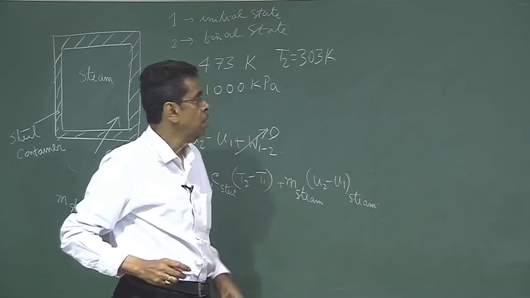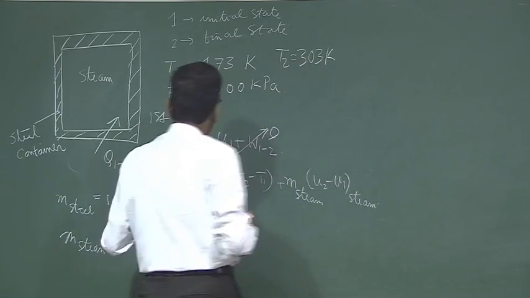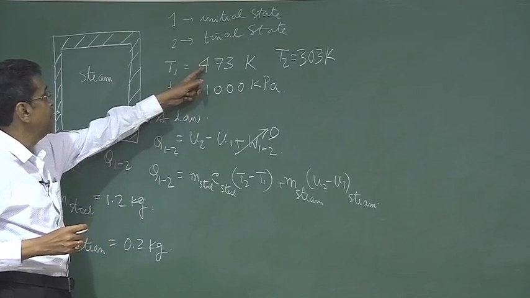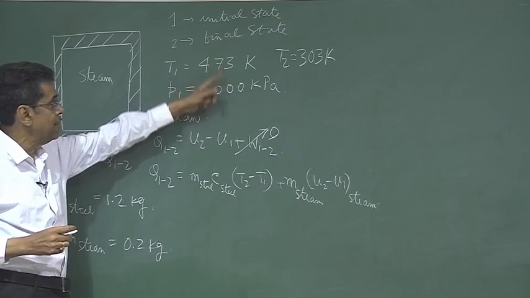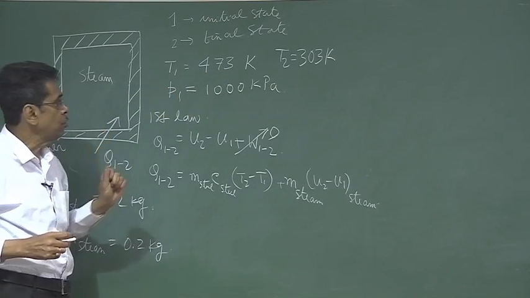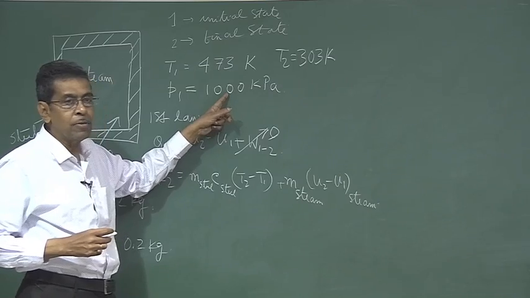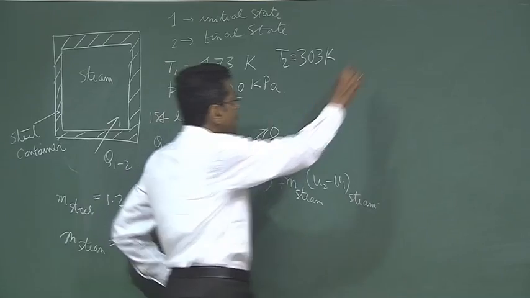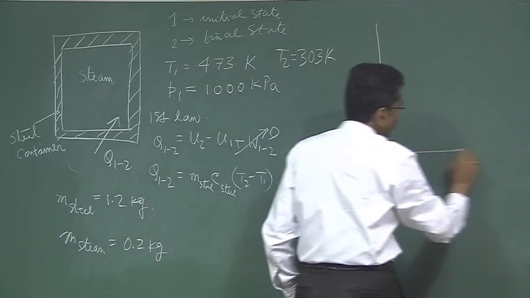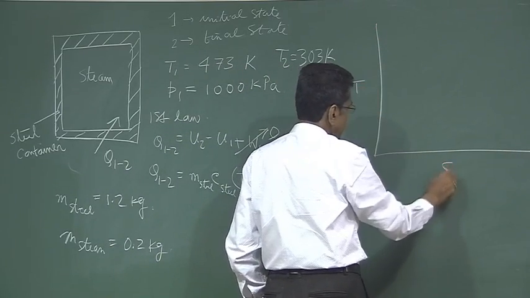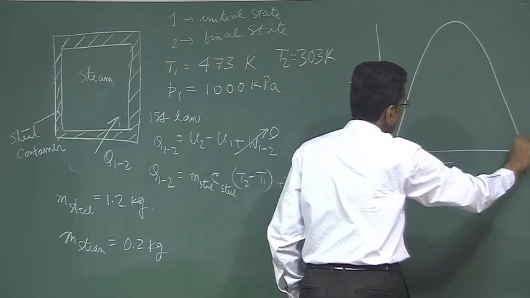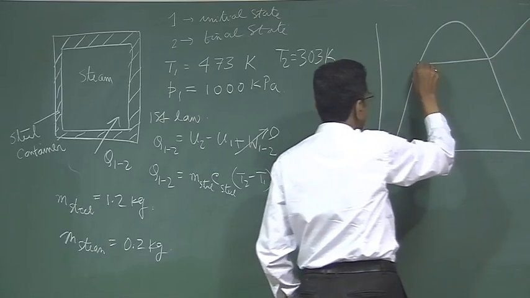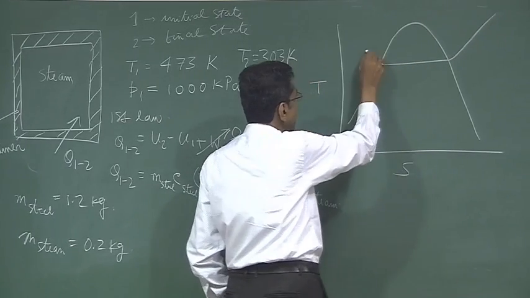How to find out? From the steam table, you check that 1000 kilopascals and this temperature of 473 K, that is 200 degrees Celsius, is superheated steam. How to check it? If you see the steam table at 1000 kilopascals, you will see the saturation temperature is less than that. That means it is a superheated state. If I draw a TS diagram, as you have come to know in your earlier class, this is a constant pressure line.